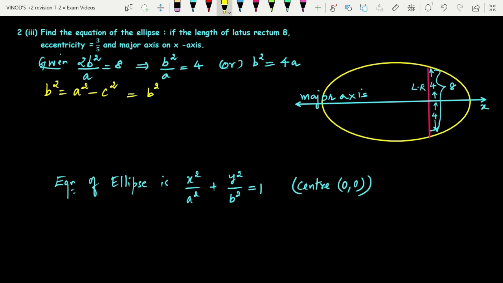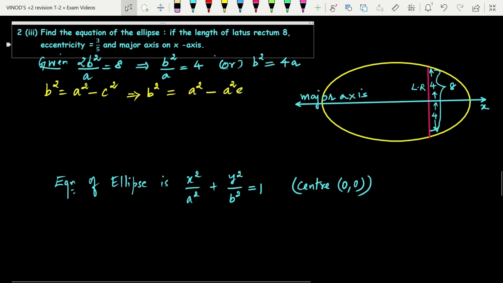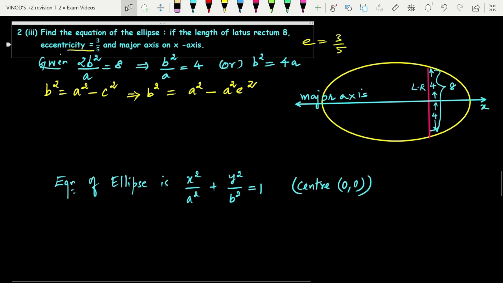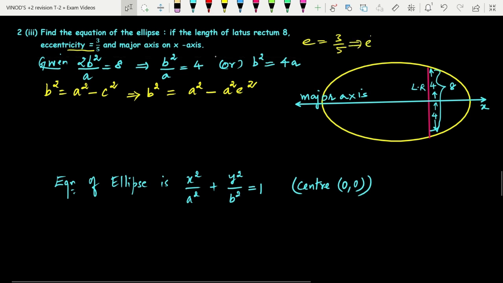So b square can also be written as a square minus a square e square, since c is ae. The e value is given to be 3 by 5. Eccentricity e is equal to 3 by 5, so e square is equal to 9 by 25.